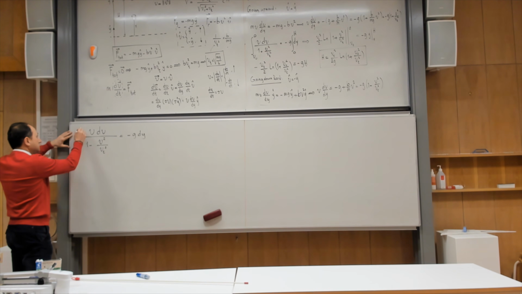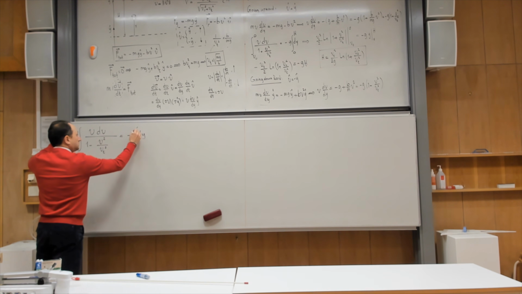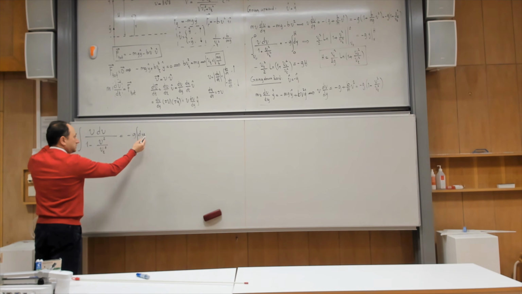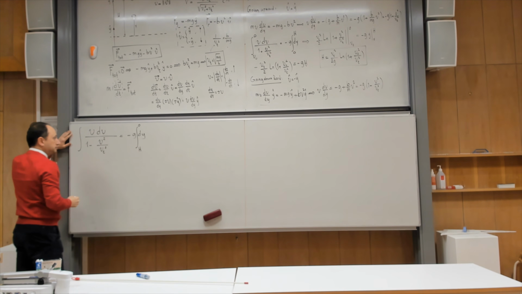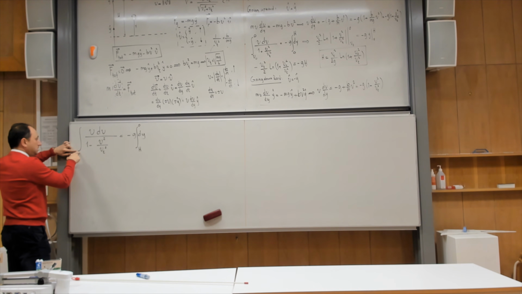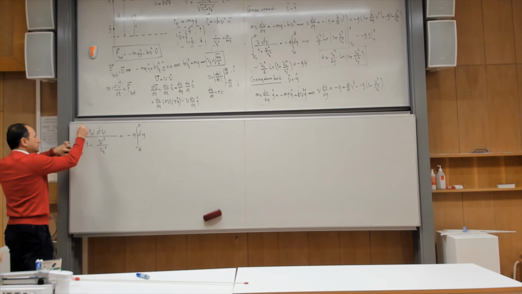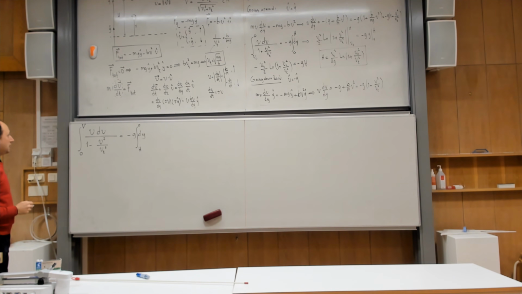So I integrate. The initial position is h, it reaches the ground level. The initial speed at the top there is 0. It is supposed to reach v, yes? And then I have to calculate and find v.